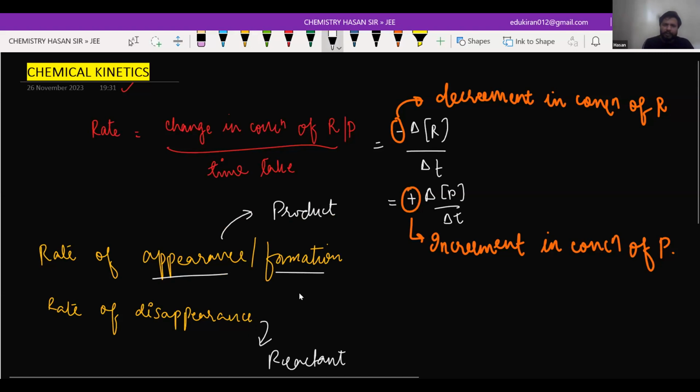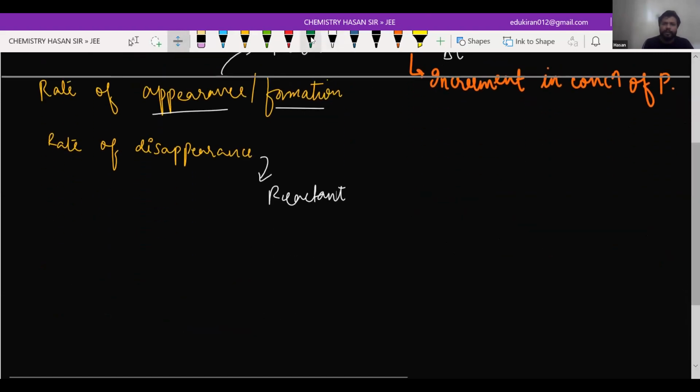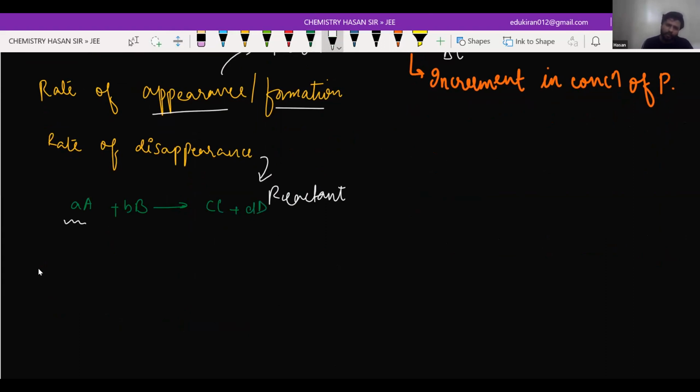So if I take a general equation, let's say A plus B giving you C plus D. In terms of appearance and disappearance, first I'm going to write for the reactant, so I write disappearance.